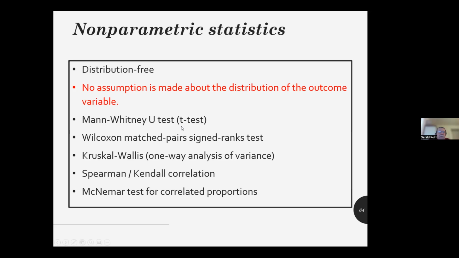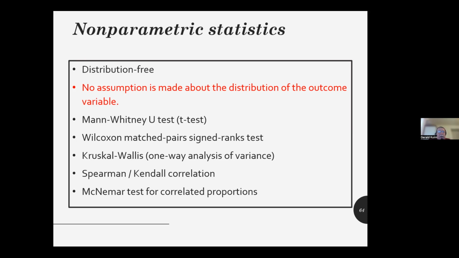And so they're non-parametric in the sense that, like for the Mann-Whitney, if you did just a t-test for some outcome that is continuous but not normally distributed, or is really different from being normally distributed, then what's being compared in the two groups are the ranks.